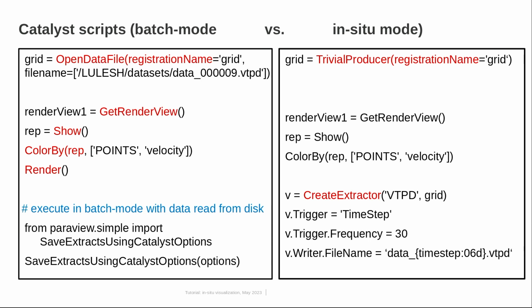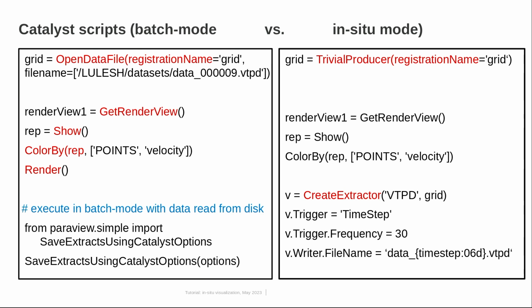And you replace this one line by this line, trivial producer. Registration name is grid. So the name here is the same, and that name is the name that you will find in the Catalyst blueprint convention. That's all there is to it. So if you match that name with what you've put in Catalyst, then you're good.